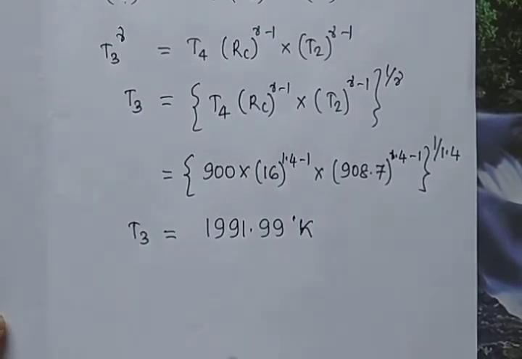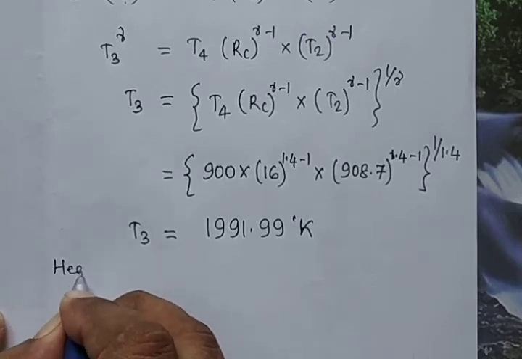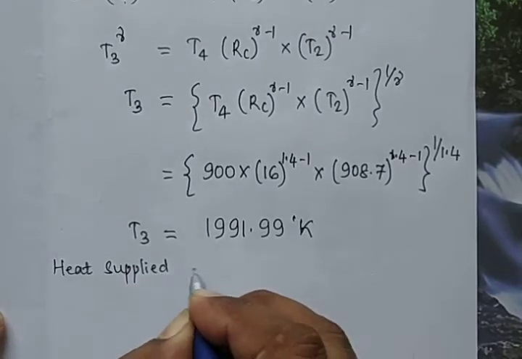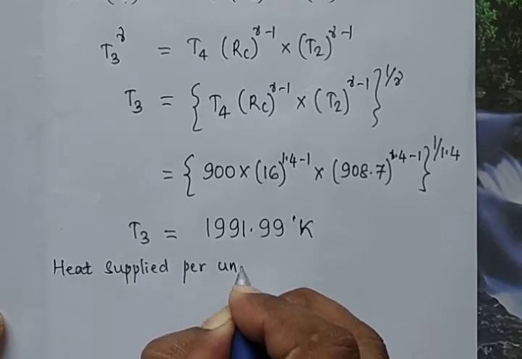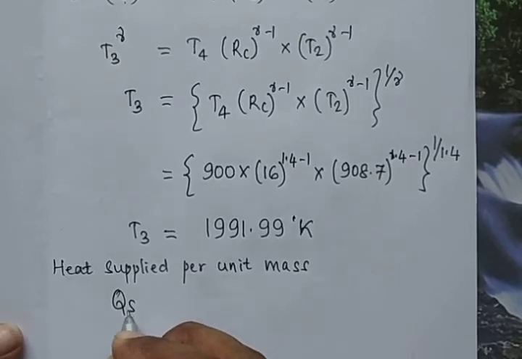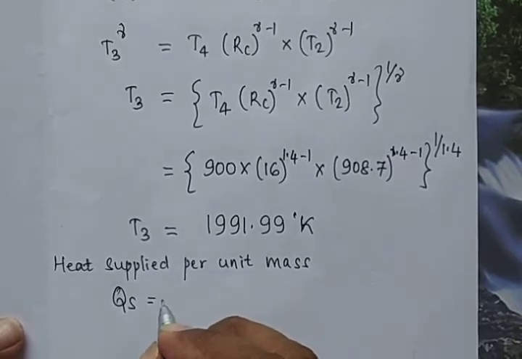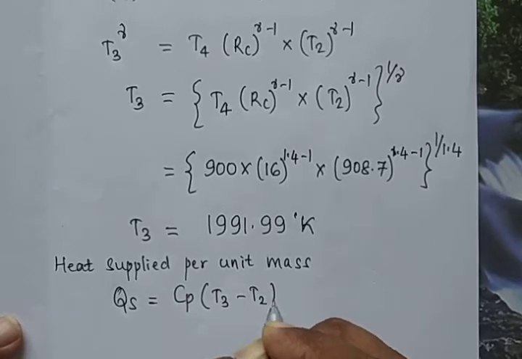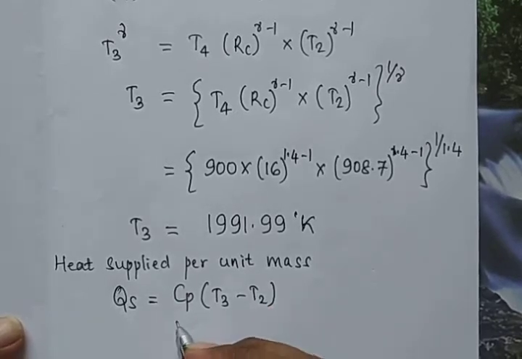So after finding out the value of T3, I can find out now heat supplied, which is taking place during the process 2 to 3. So heat supplied per unit mass, that is Qs, will be equal to, per unit mass we are finding out, so therefore it is Cp into T3 minus T2, because heat is added at constant pressure.